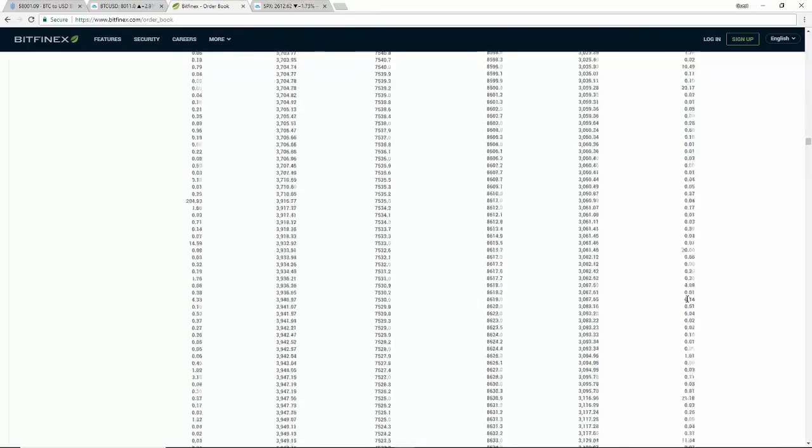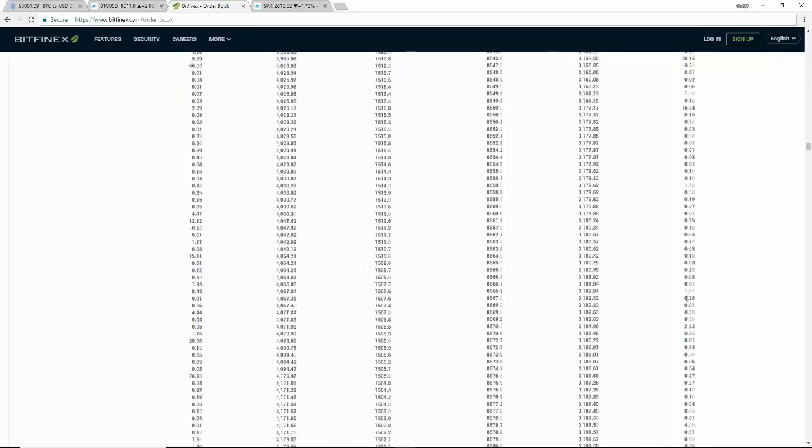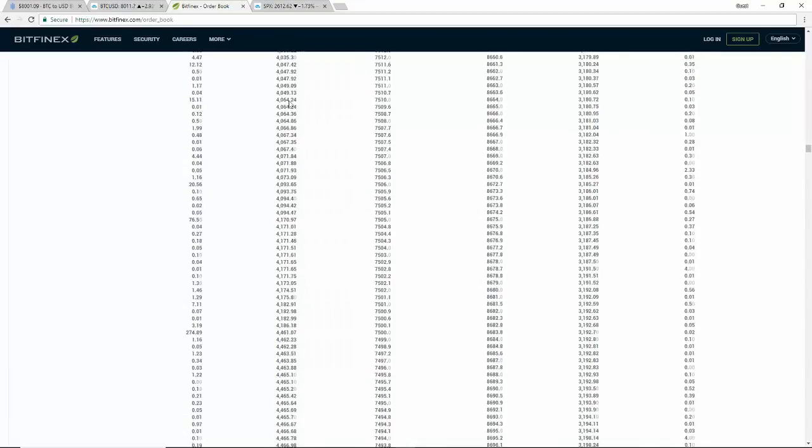Even though this information is going to change when we talk about the quantity and the accumulation of orders between any given price, the fundamentals remain the same.